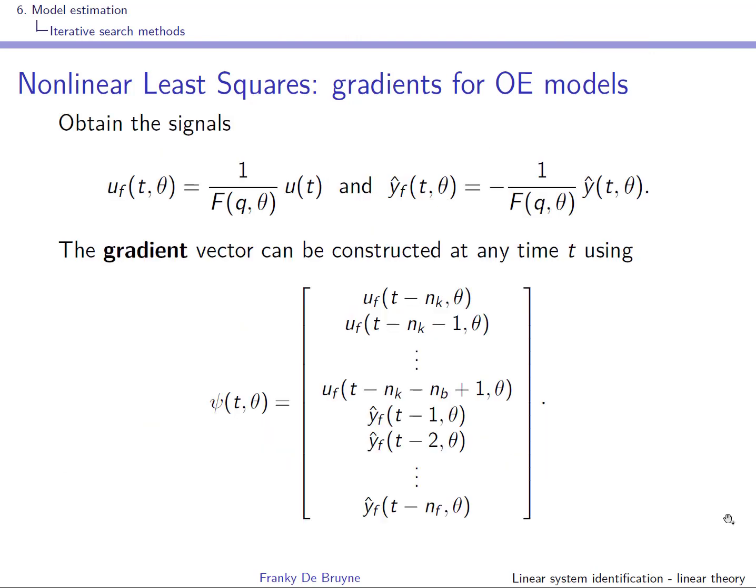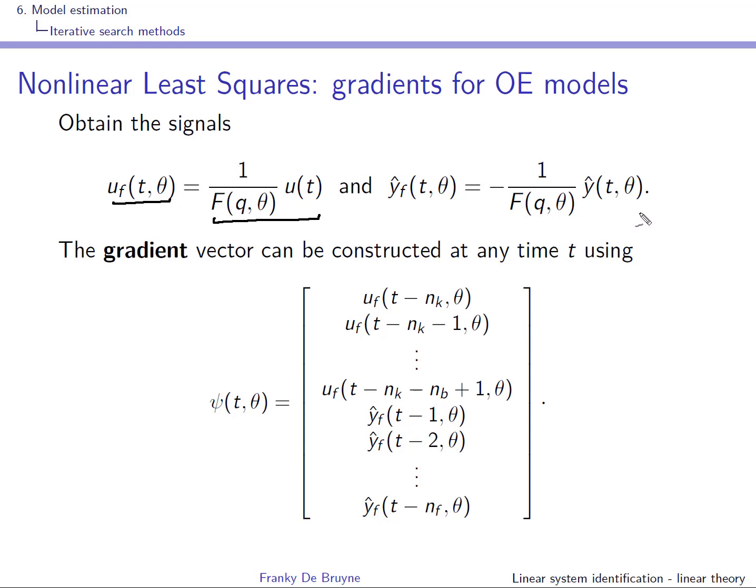We have seen that the derivative of the one step ahead predictor with respect to the b's involves delayed versions of this signal over here, and we don't want to write this 1 over f all the time, so this signal we'll simply call uf, u filtered by 1 over f.